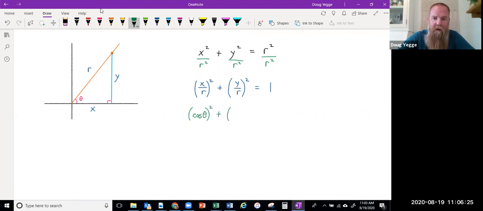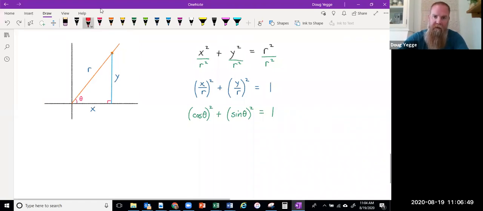And y over r is the same thing as sine of theta squared. And so what we've done is we've taken side lengths of this triangle by using the Pythagorean theorem and converted them into trigonometric functions. And so this is considered a Pythagorean identity.